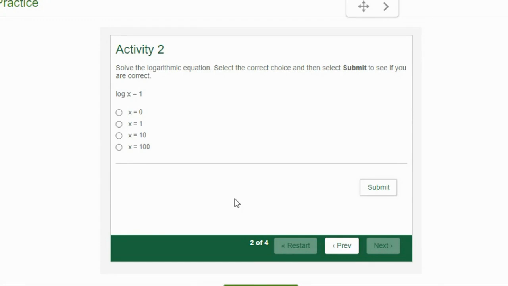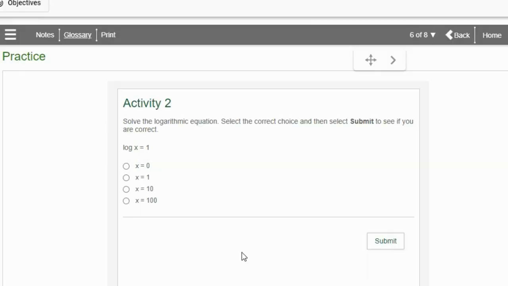Got 4 choices on the screen. What's it equal? 0, 1, 10, or 100? Becca's got a number out there that she's a little bit confident on. This is good practice to make sure you know how to properly rewrite it as an exponent.